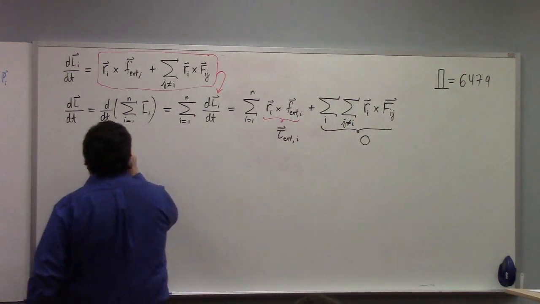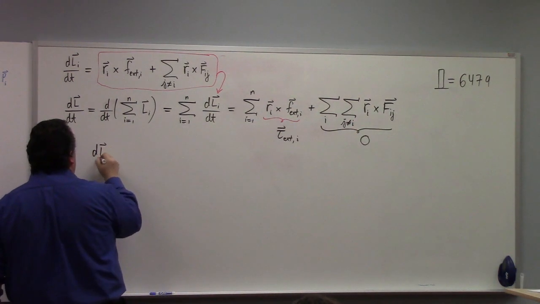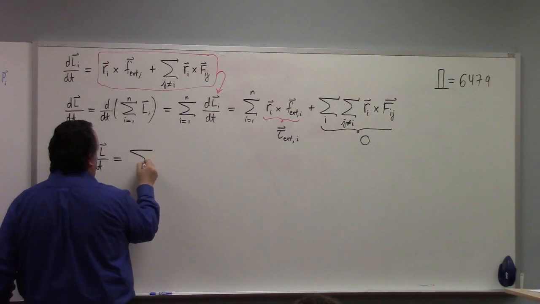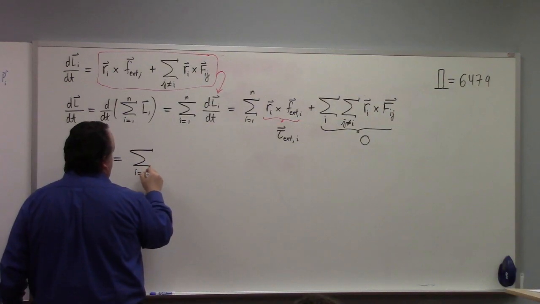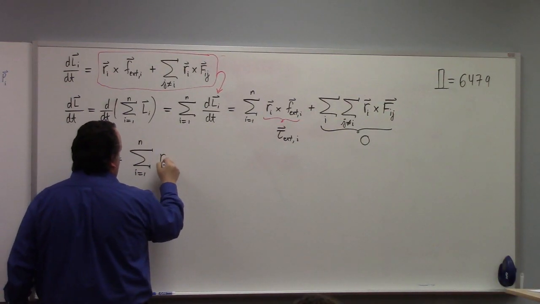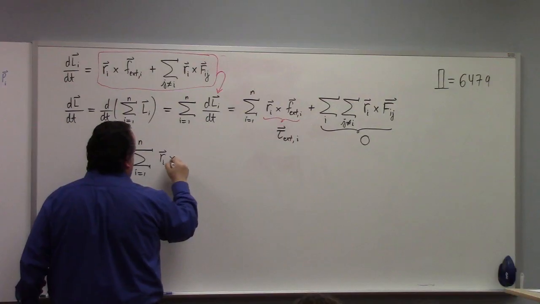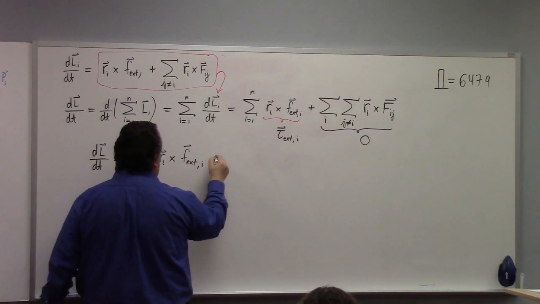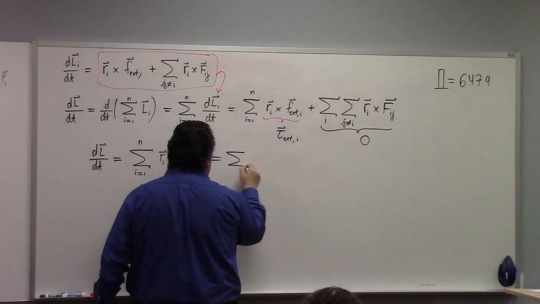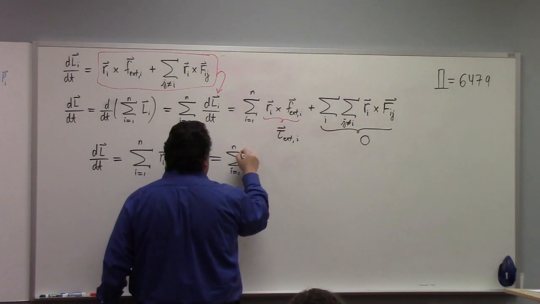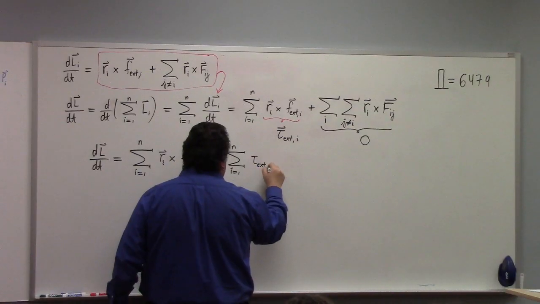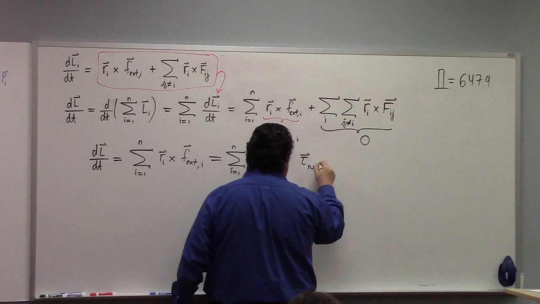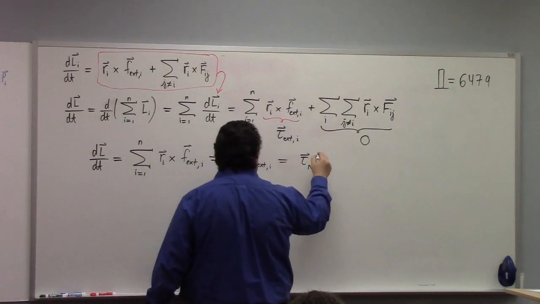And what we have then in summary here is simply dL dt is equal to the sum i equals 1 to n of r sub i cross the external force on the ith particle, which again is the sum i equals 1 to n of the external torque on the ith particle, which of course we could just simply call, by definition, the net torque external.